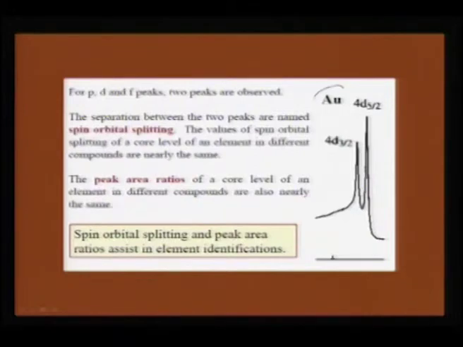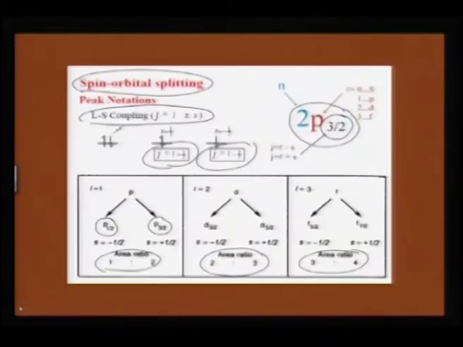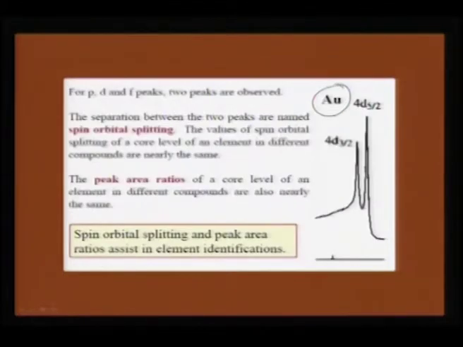Typically the peak will look like this, and this is the case for gold 4d 5/2 and gold 4d 3/2. As I told you in the previous case, if it is a d electron, then the ratio would be 3:2, and you can see that very well here. The area under this curve will be the measure. The separation between the two peaks is named spin orbit splitting, and the values of spin orbit splitting of a core level of an element in different compounds are nearly the same.